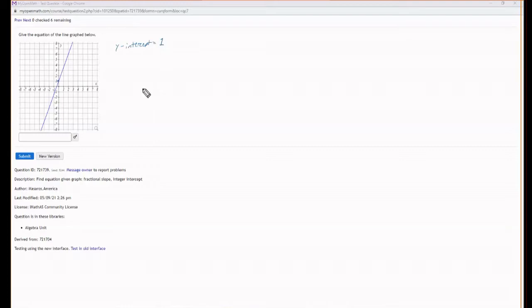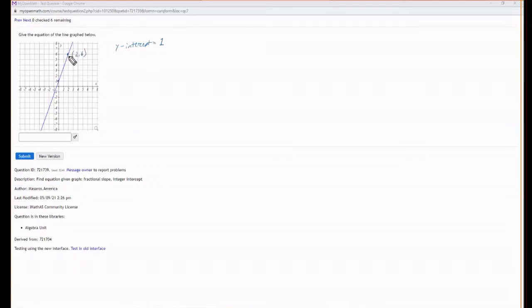The slope can be a little bit tricky. If possible, what I would like to do is find another point on the graph where it looks like it hits at nice whole numbers. So if I look at this graph, here at this point, it looks like that's 2, 6. That looks like a nice whole number.